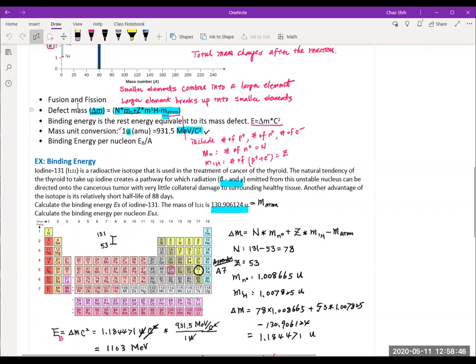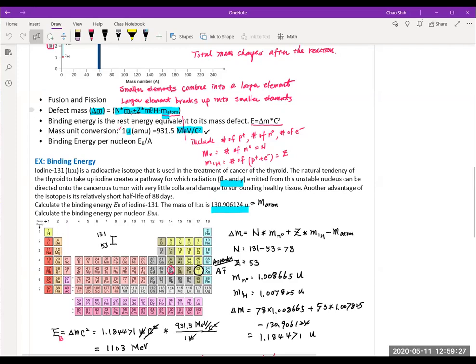So how do we find the binding energy? You start by looking at the change of the mass over here. This equation tells you several different symbols, and you have to know what those symbols represent. The big N represents the number of neutrons. Z represents the number of protons. The m_n represents the mass of the neutron.